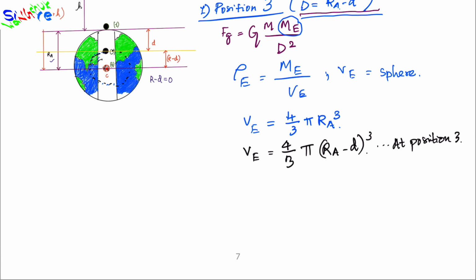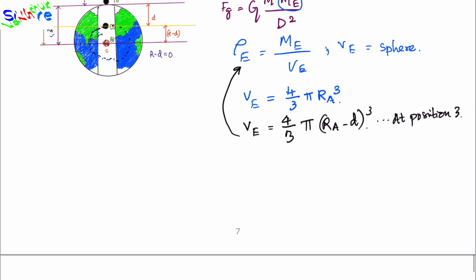Now putting this volume of the earth in the above equation, we get the expression for the mass of the earth as Me equals density of the earth times 4 by 3 pi Ra minus d whole cube.